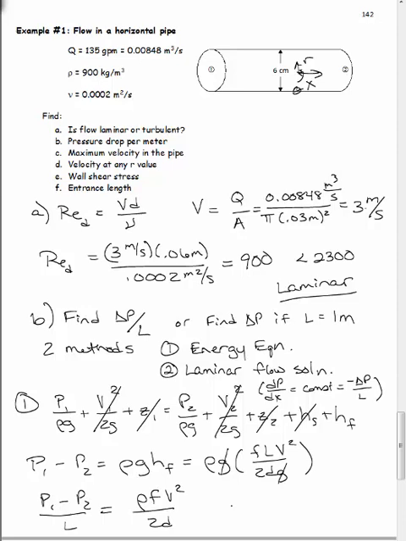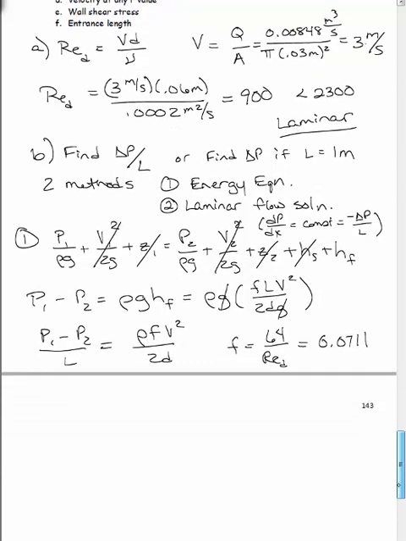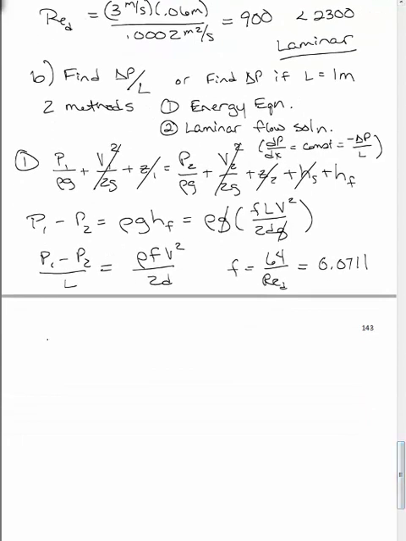So what we need now is that F. And F for laminar flow is just 64 over the Reynolds number. We already calculated the Reynolds number. So that's going to come out to be 0.0711. And we can just plug in then. P1 minus P2 over L comes out to be 4,800 pascals per meter. Okay. That was method 1.